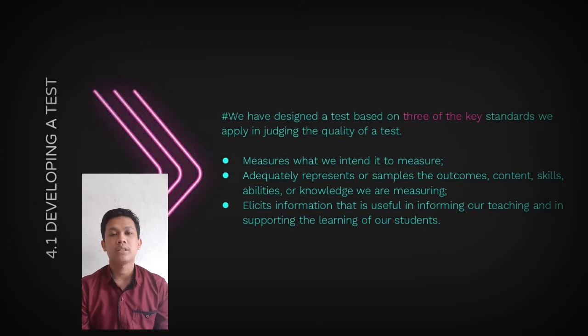For example, when we want to measure a certain student's English skill, let's say writing skill, our test should also focus on it, the content and the task method. It should focus on writing skill, so not too broad on other things.